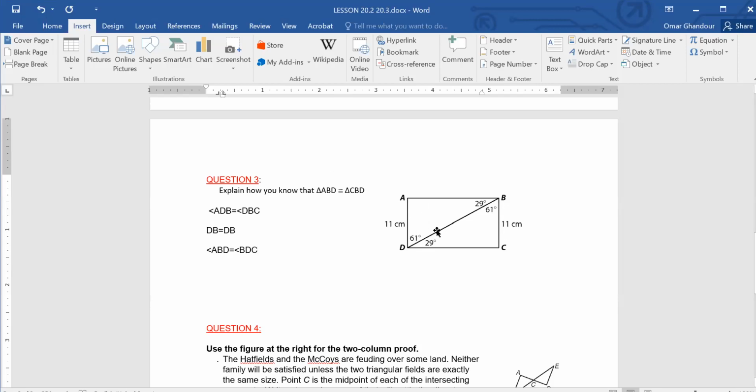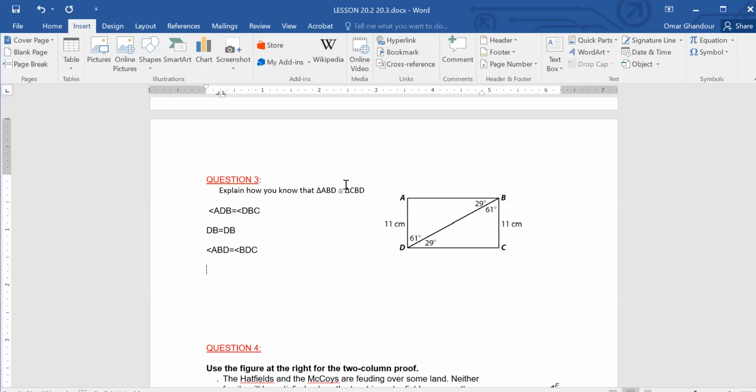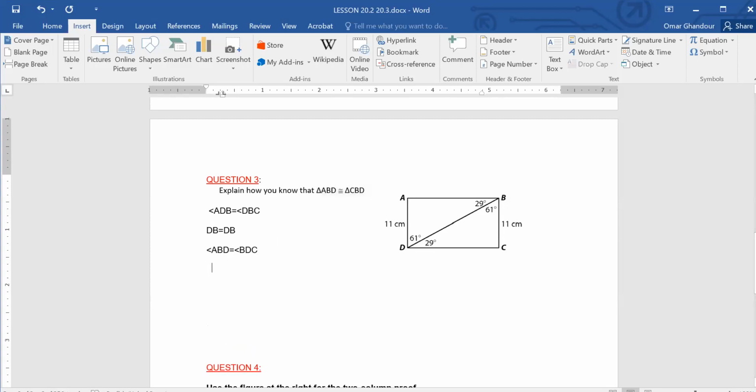So ASA, the two triangles are congruent using ASA theorem. You can do as you please. By the way, there are other theorems that I didn't mention. There is something called, I think, the AAS theorem. You can look it up.